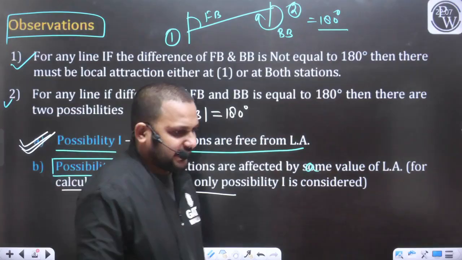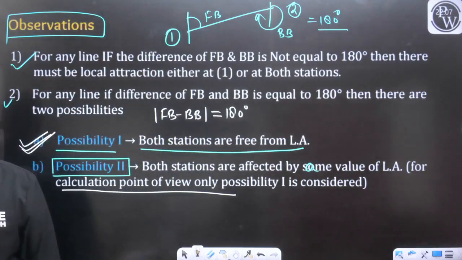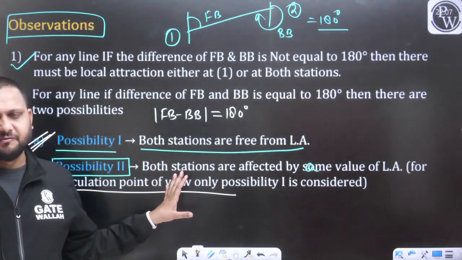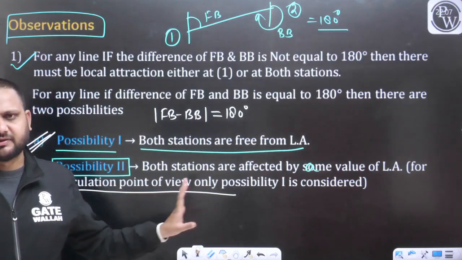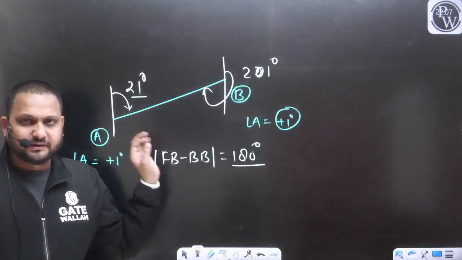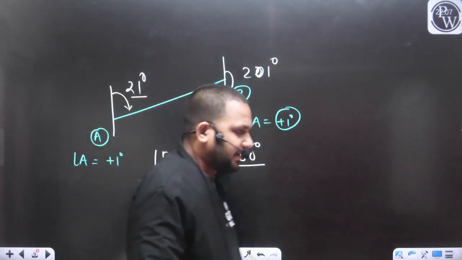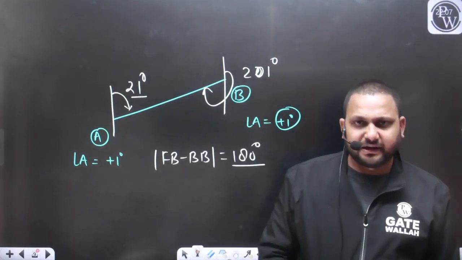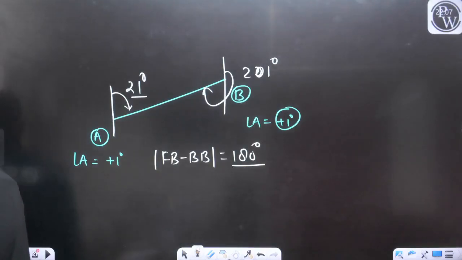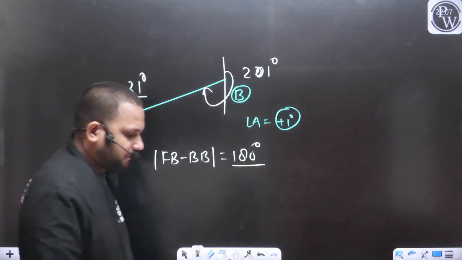But conceptually there may be another possibility, which we are not considering from our calculation point of view: if both the stations have the same error due to local attraction, in that case also we can get the difference of the fore bearing and back bearing as 180 degrees.